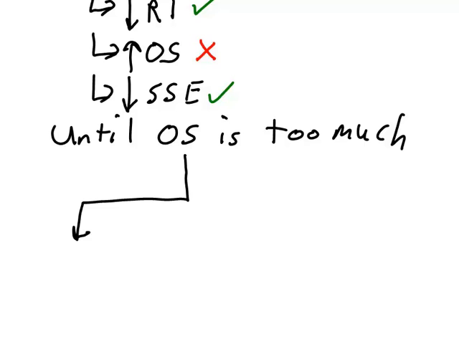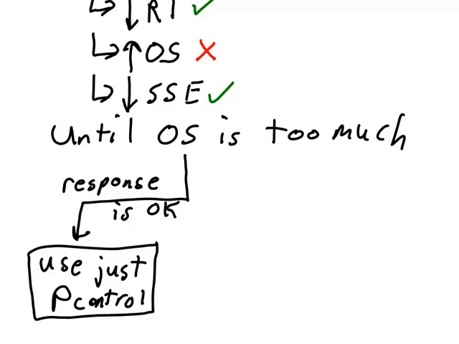It might be that the response we've achieved with just proportional control is sufficient for our application. If the response is okay, we don't have to go on and add derivative or integral control. We can stick with just proportional control and use the gain that we just found. The other possibility here is that the response is not okay.